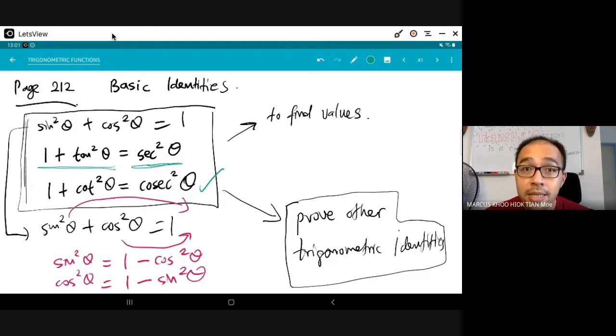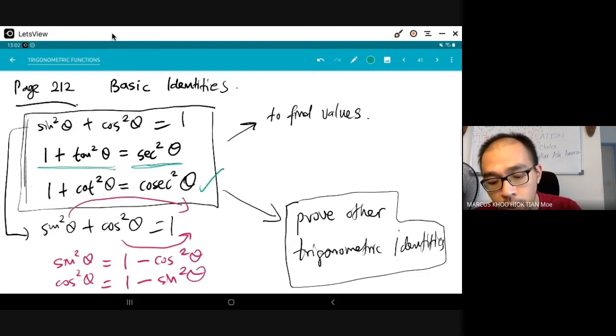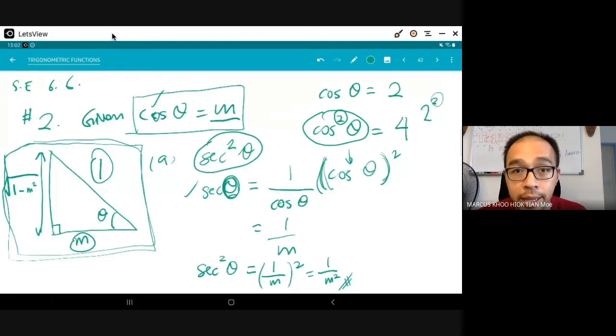If there is an easier way to find things, why not use the easier way? The easier way is obviously to use the right angle triangle. Much easier than just using the identities. We have to learn the identities, of course. We can use identities to find this, but it's a little bit more difficult and more complicated.